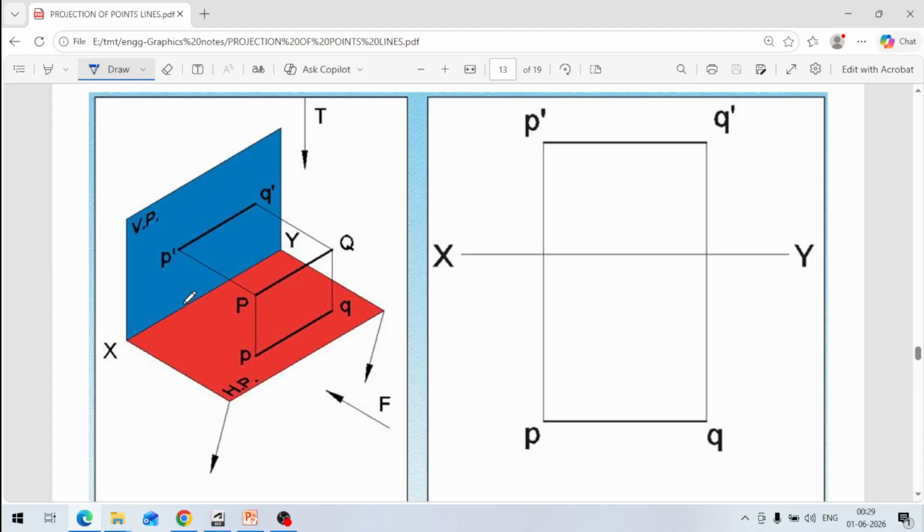Similarly, whatever the distance is from XY here, the line is projected on the horizontal plane as small pq. These are the projections, and we are looking from the front side, this is the front view. This is the simple case of projection of a line which is parallel to both the planes.